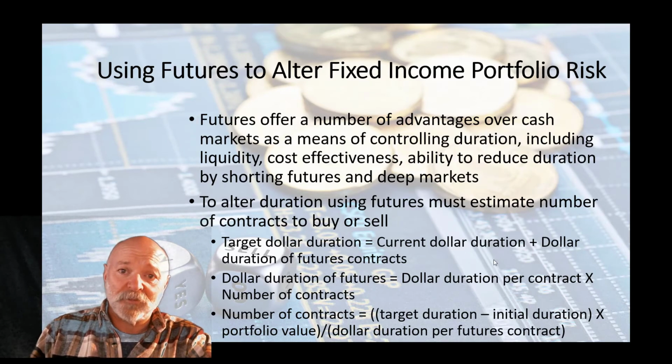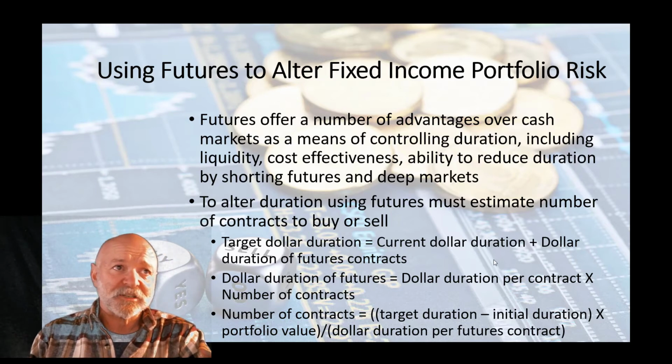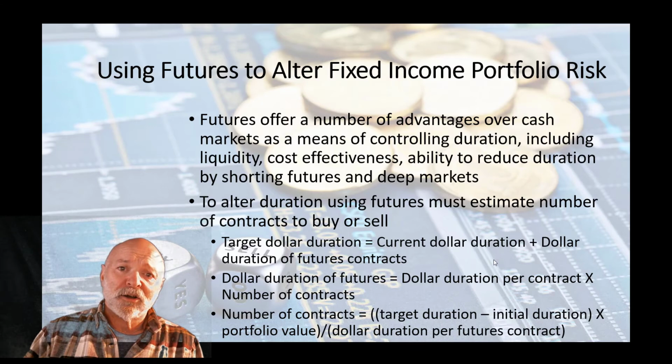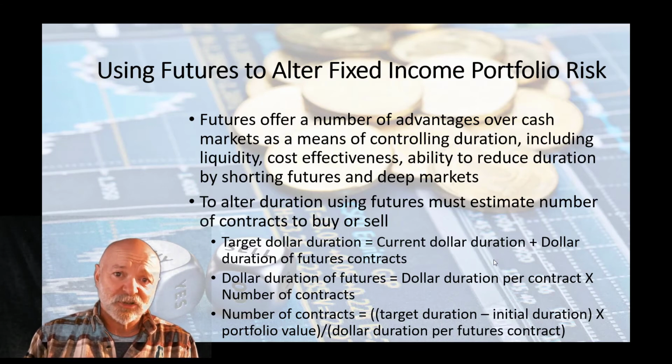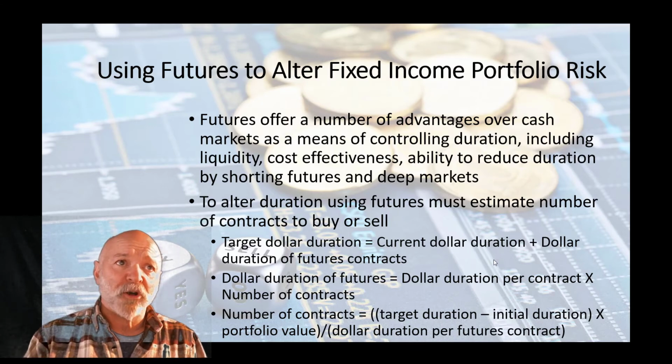Futures are, again, the most common form of ways of hedging against risk. Essentially, they offer an advantage to investing directly in the market for those bonds in order to control duration.